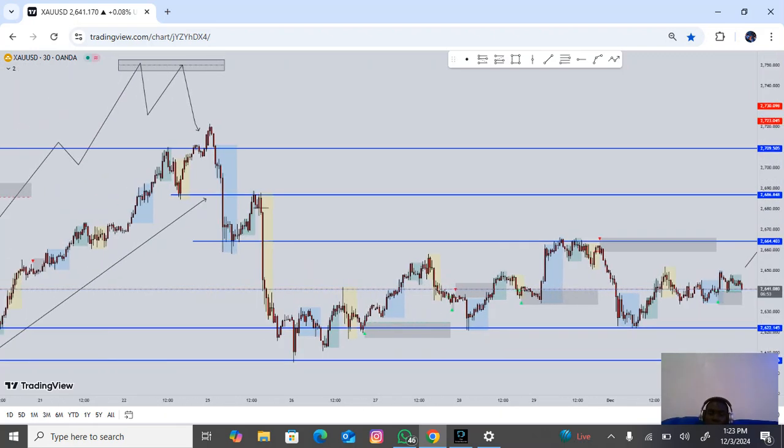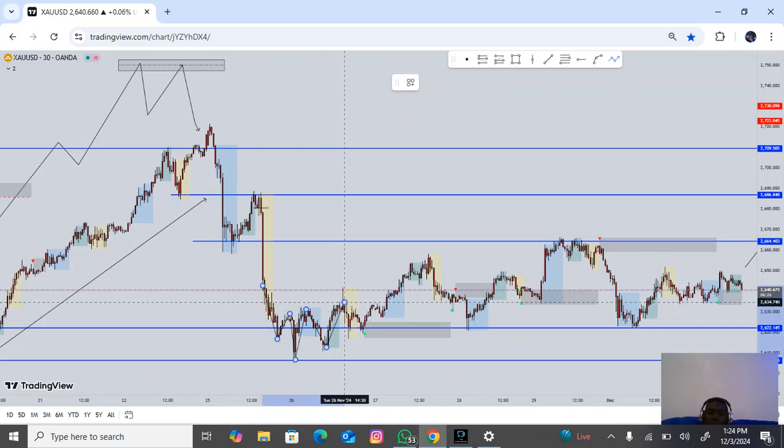I'm trying to see, okay, I've gotten an inverse head and shoulder pattern, which is right here. As you can see, this inverse head and shoulder pattern.